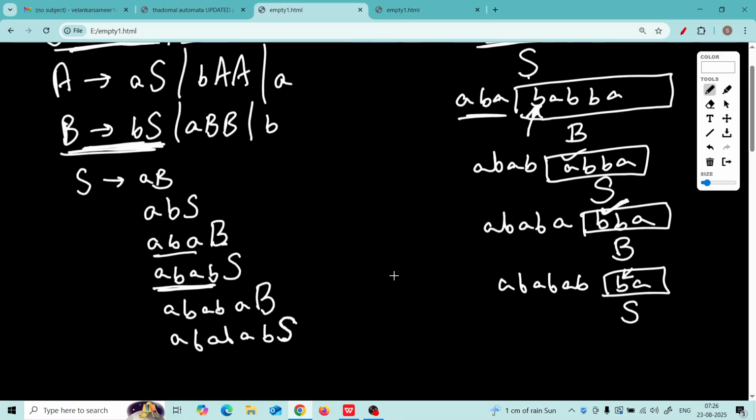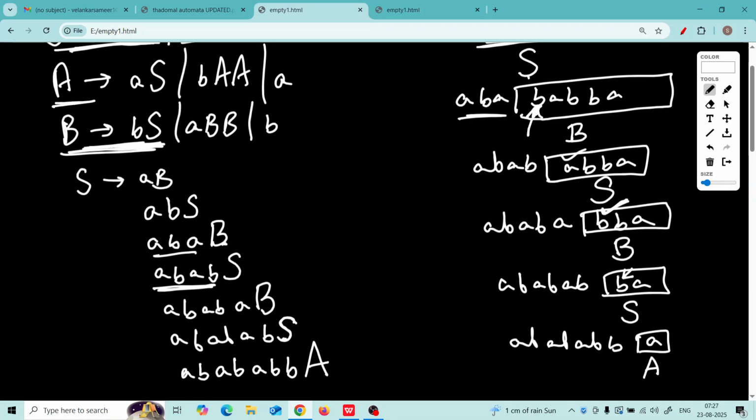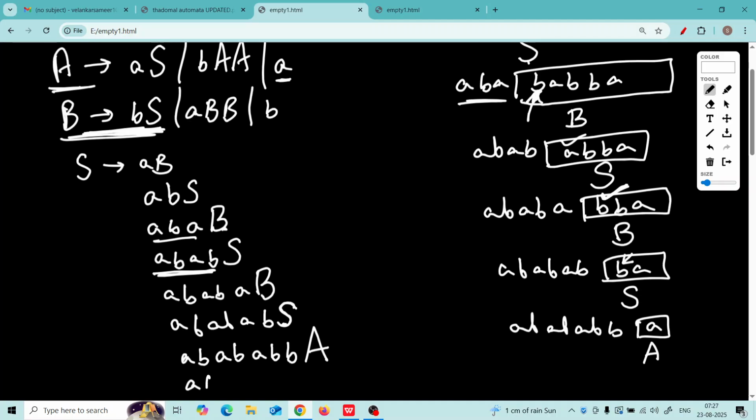So we will substitute this as A, B, A, B, A, B, B, A. So we have generated A, B, A, B, A, B, B, and only A is pending, and we have capital A, and you observe capital A can give single A. That's it. Once we get this single A, ABABABBA, then no non-terminal is now pending, no capital letter is pending, and we have got our string.